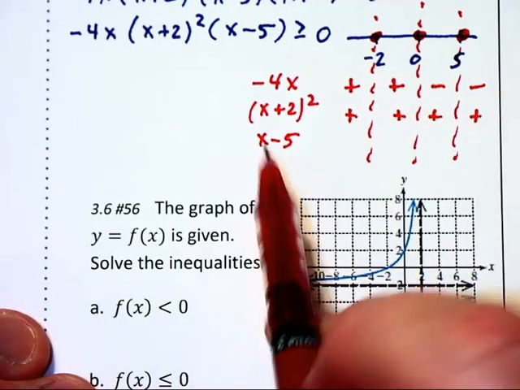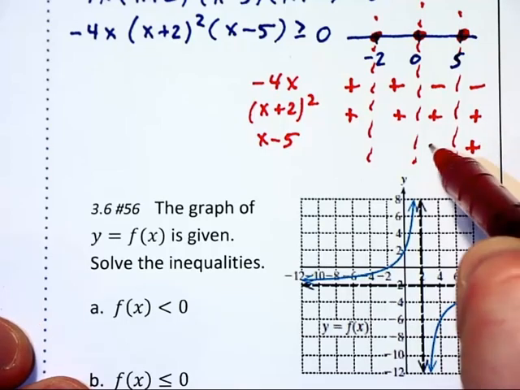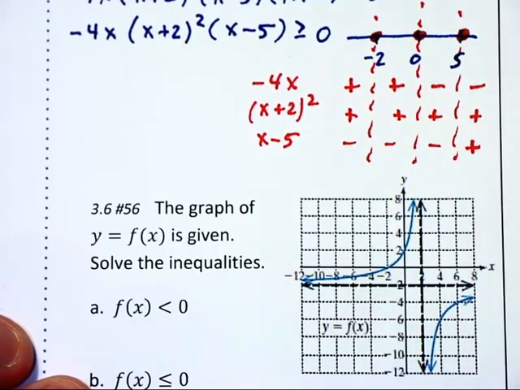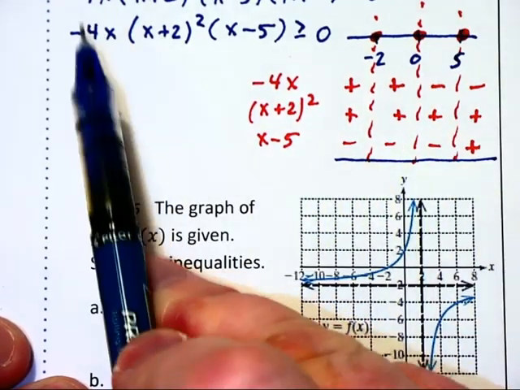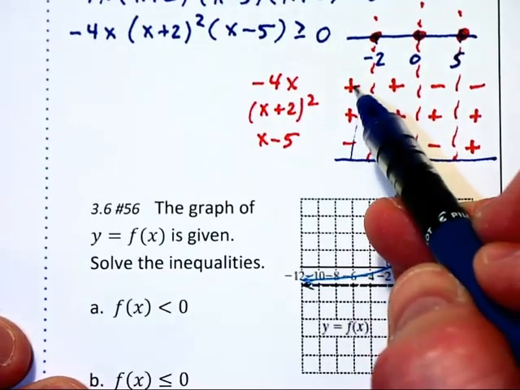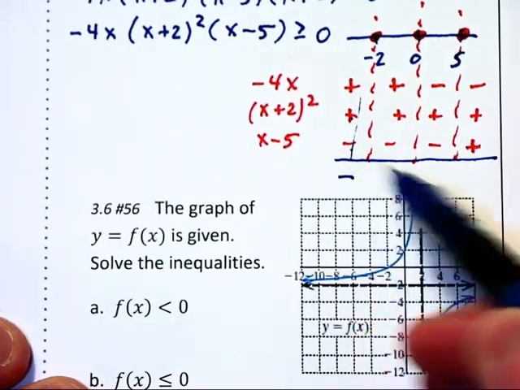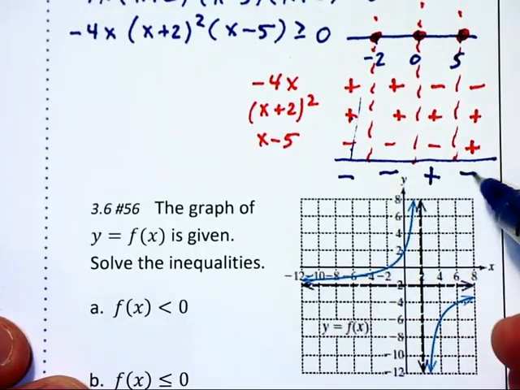Now, the x minus 5 will produce positive values when we choose values larger than 5, but negative values everywhere else. Now, let's combine all of this together because we're interested in the product of all of these. And so multiplying downward, positive times negative makes negative. Here we will have negative, then positive, and then negative.